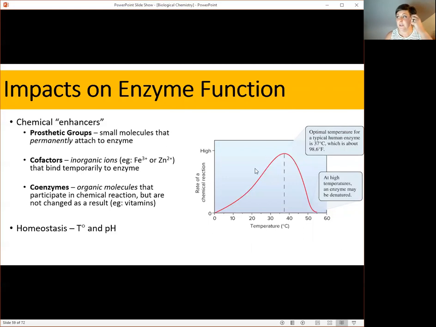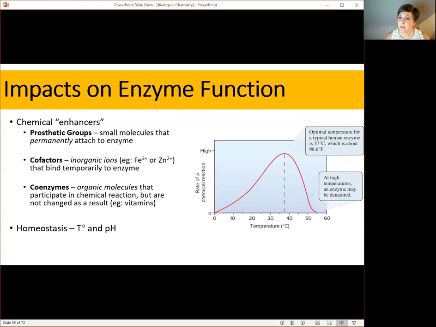Other factors can impact enzyme function, for example, homeostatic conditions. As shown in the figure, which is showing the rate of a reaction compared to temperature, increasing temperatures can increase the rate of a reaction to a certain extent. However, once a temperature threshold has been reached, for example, in humans, this would be like above 104 degrees Fahrenheit, enzyme function begins to be impaired.